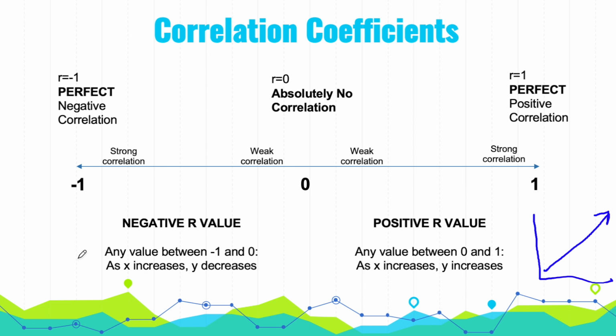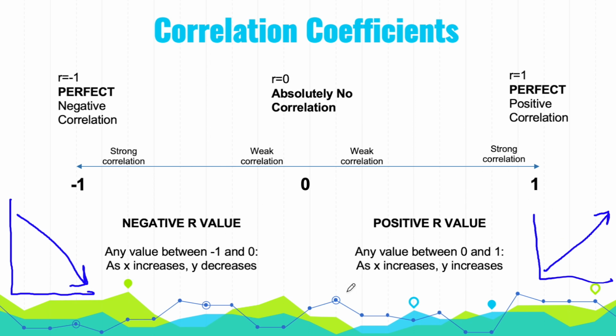A negative R value, again, this is just by mathematical definition, any value between -1 and 0 is negative. And we would see on a graph that as x increases, y decreases. So we would expect a best fitting line that goes down from left to right.